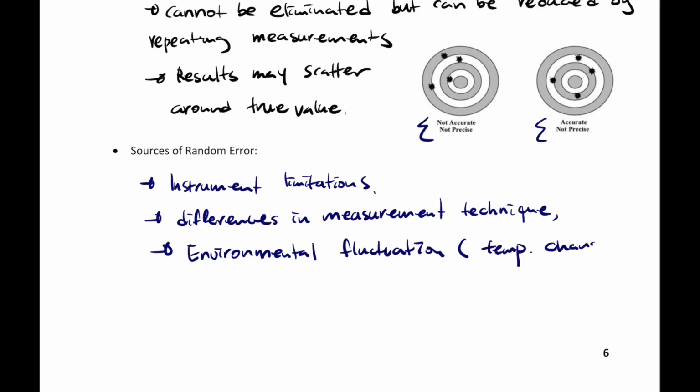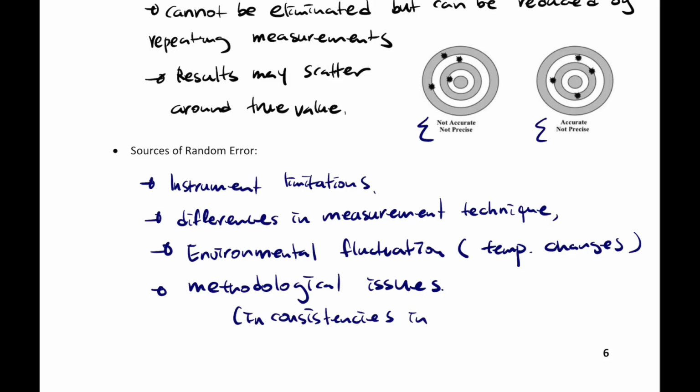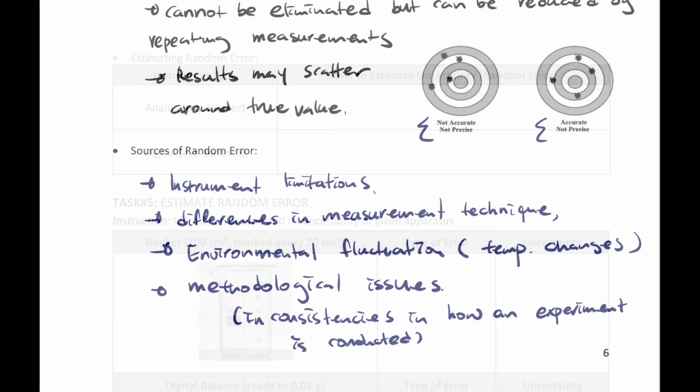This can also be a reason for the random error. And it can be a methodological issue, like inconsistency in how an experiment is conducted across trials. It is different from the measurement technique. We are just referring to inconsistencies in how an experiment is conducted. There can be more sources of random error, but these are the four major ones, right?